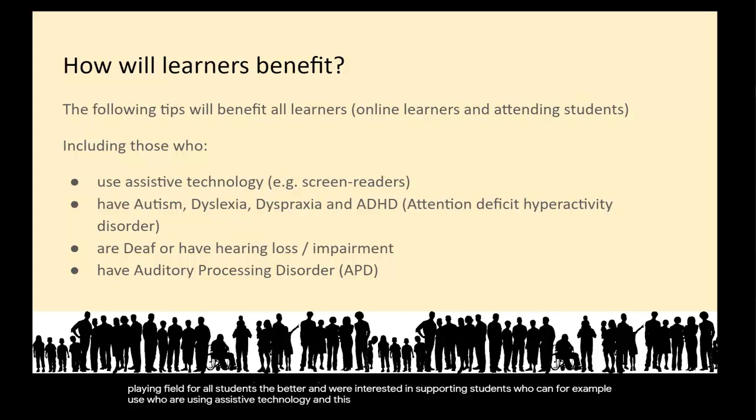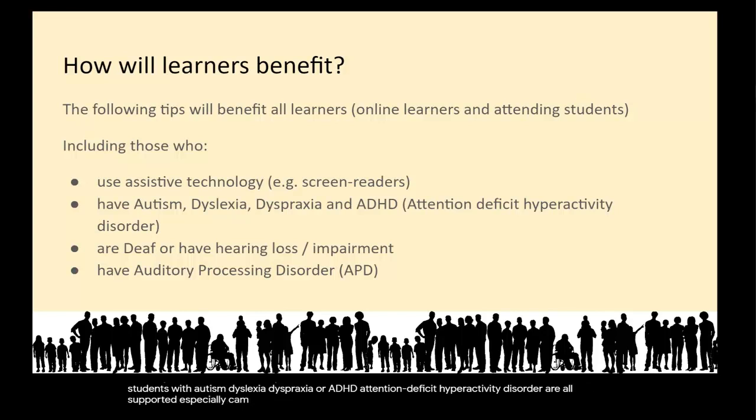And this can mean all kinds of technology, but I'd like to focus on students who use screen readers. This is what we come into contact with the most, I think. And this is normally software on their computer or their browser which reads or translates what is appearing on the screen. This is particularly helpful for blind or partially sighted learners, for example. And we also need to make sure that students with autism, dyslexia, dyspraxia, or ADHD, attention deficit hyperactivity disorder, are all supported as best we can.